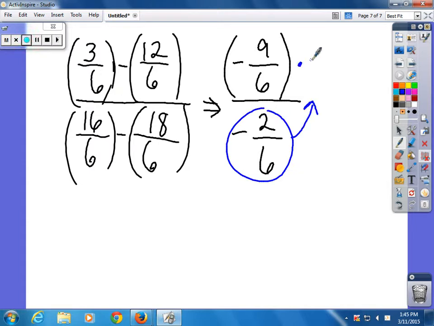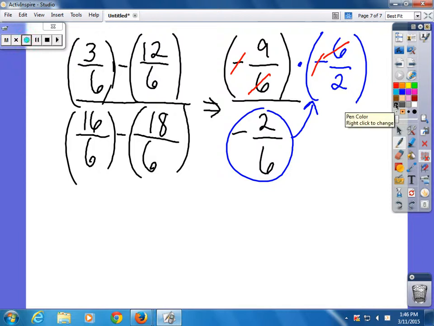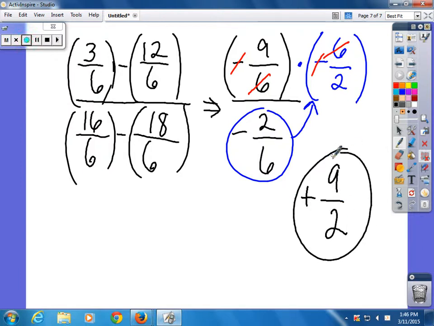Multiply by negative 6 over what? And what happens to the 6's? And the negatives cancel, make a positive. So your final answer is what? Positive 9 over what? So your slope of that line is 9 over 2.